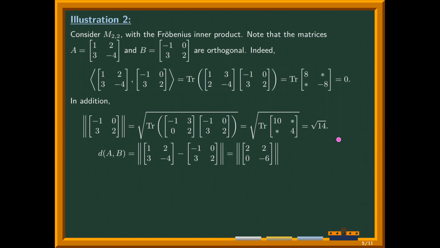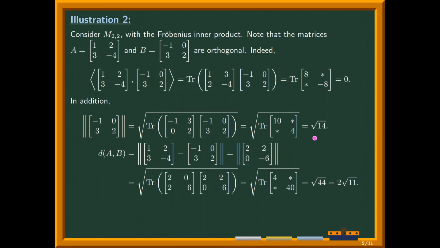Let's compute the distance between A and B with respect to the Frobenius inner product. So the distance between A and B is the length of A minus B. A minus B is given by the 2 by 2 matrix with entries 2, 2, 0, -6. So we compute the length of this matrix. And again, the length is computed relative to the given inner product.